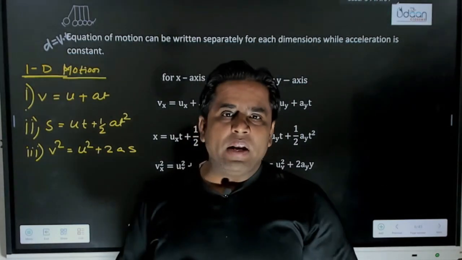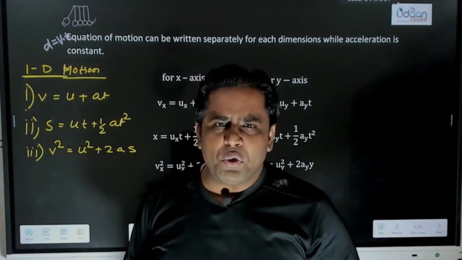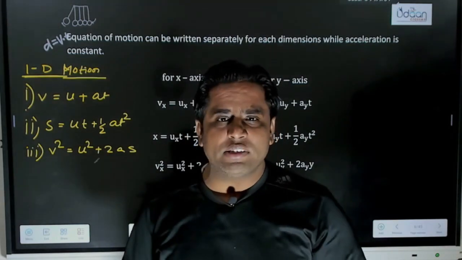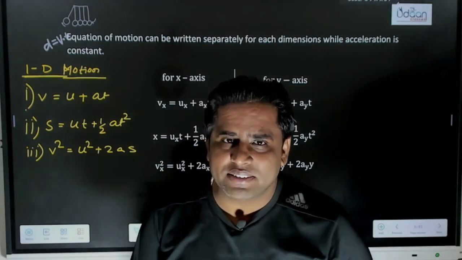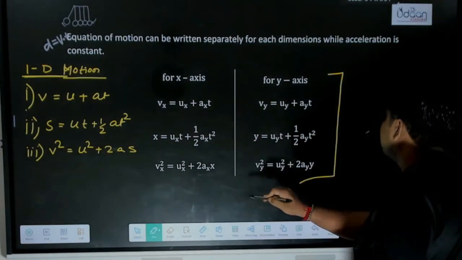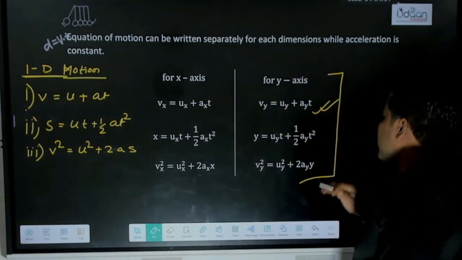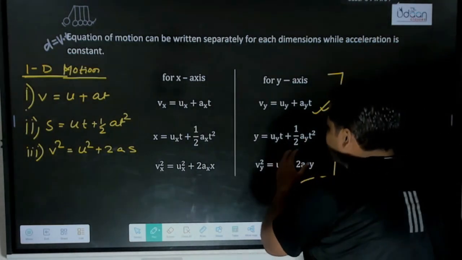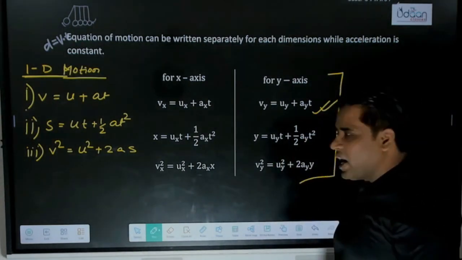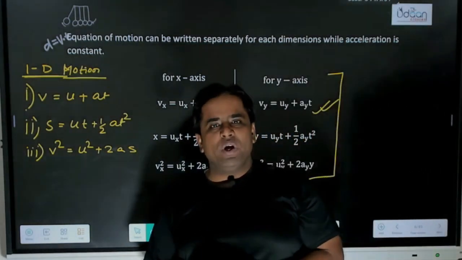If I am applying the condition of the x-axis on these equations, don't you think we can apply the same concept for the y-axis? Yes, we can apply it on the y-axis system as well. So we get Vy equals uy plus ayt, y equals uyt plus half ayt square, and Vy square equals uy square plus 2ay sy.